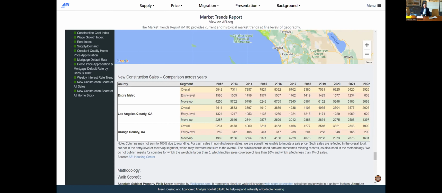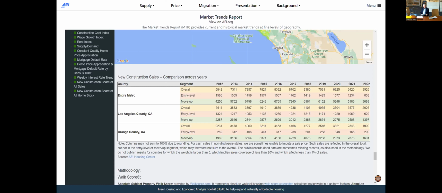So whatever's being built, it's worse than you think when you have that higher percentage of teardowns, because it's not adding a unit, it's taking away a sort of average priced unit, give or take, and replacing it with a very expensive unit. If the average unit that's being torn down might be $1 million, which is kind of average for LA, you're replacing it with a $2.5 million unit. And that is accounting for a significant component of new construction in LA.